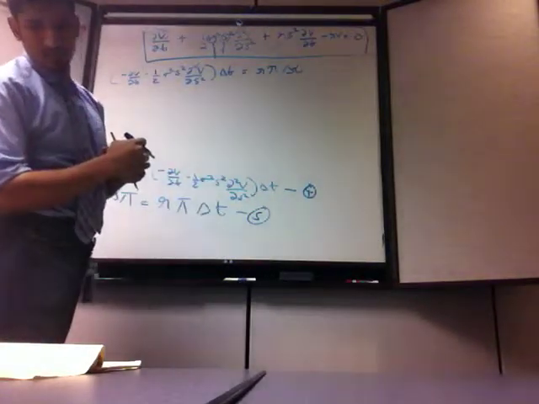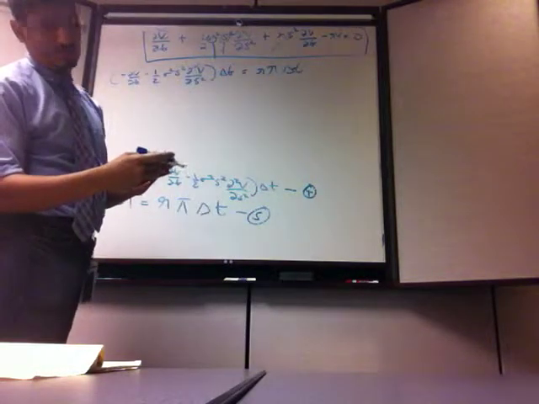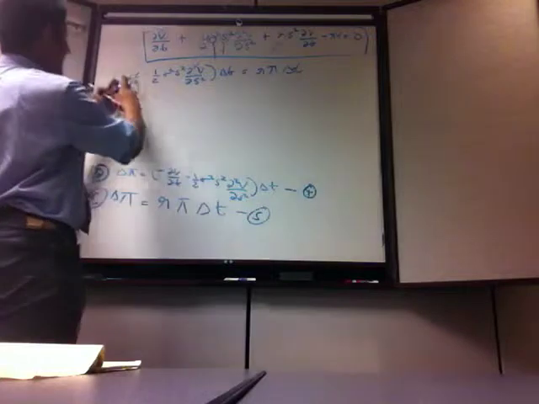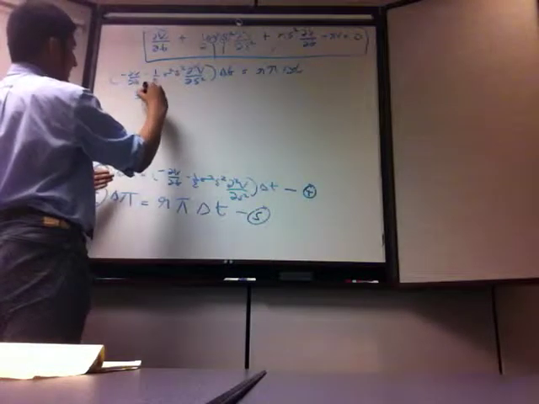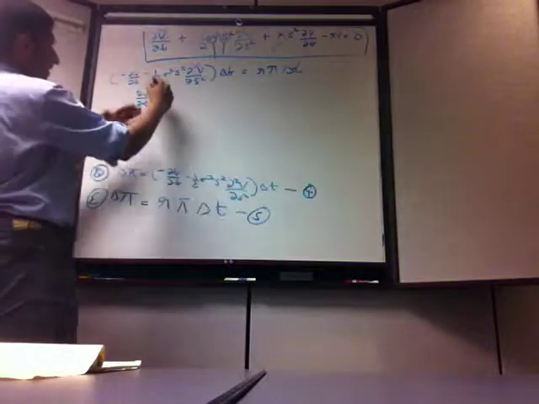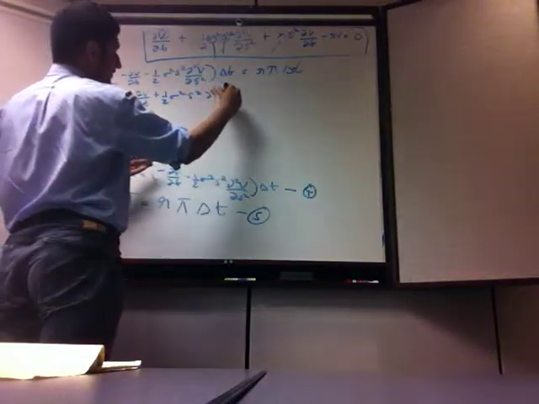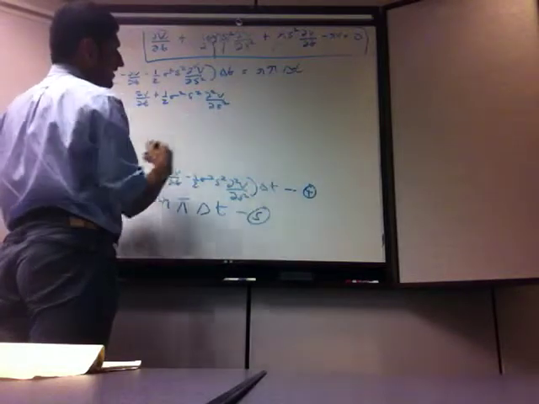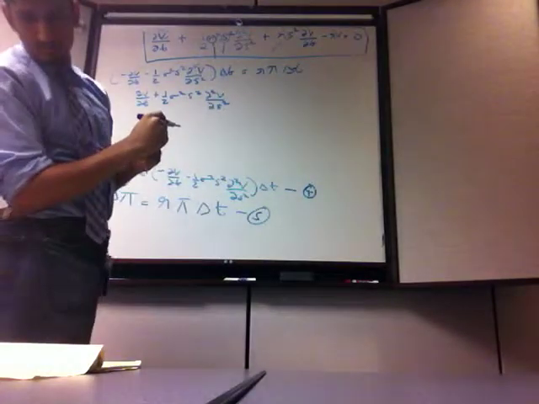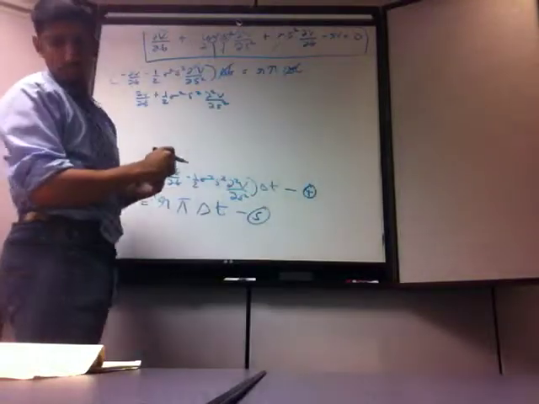Now we can rearrange this, taking dv by dt that side, and everything that side, plus half sigma squared s squared d2v by ds squared. Notice the delta t's are going to cancel.